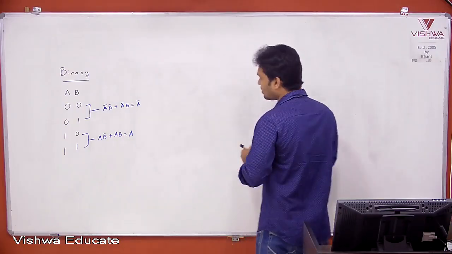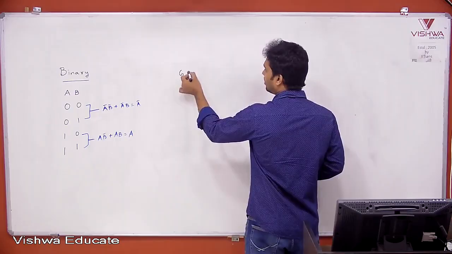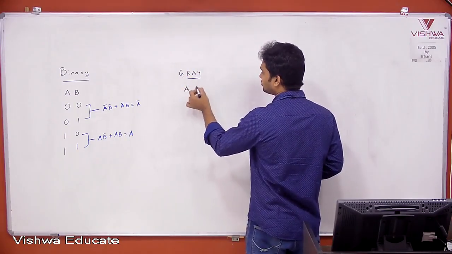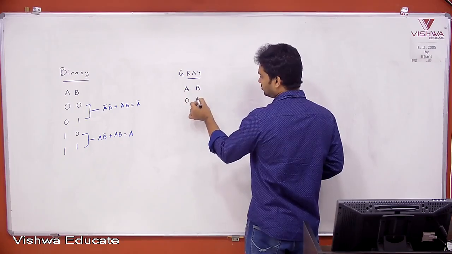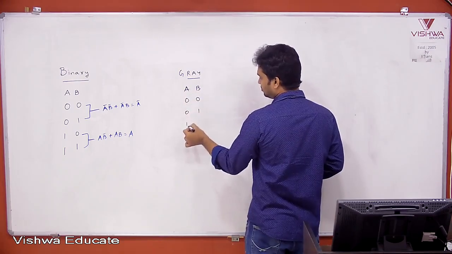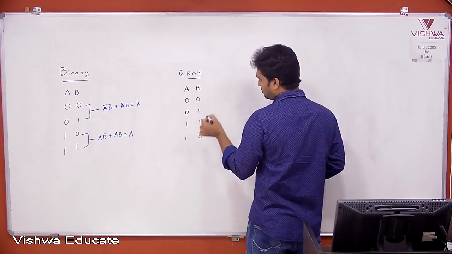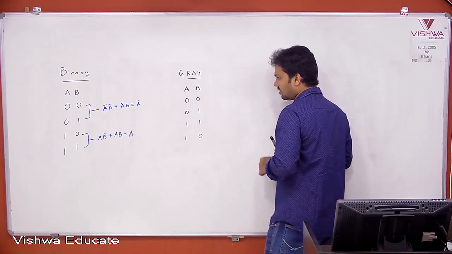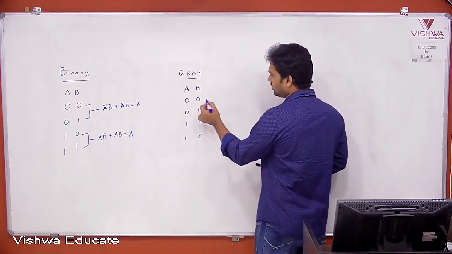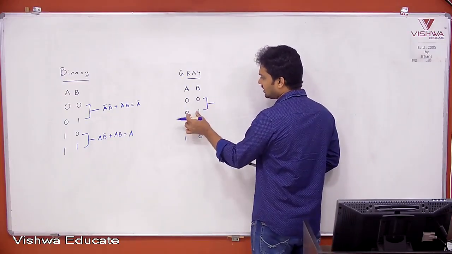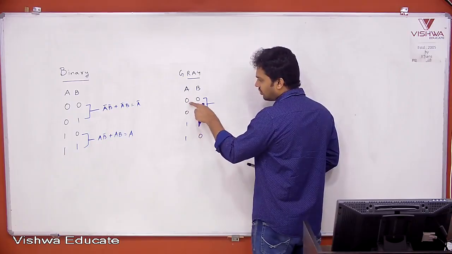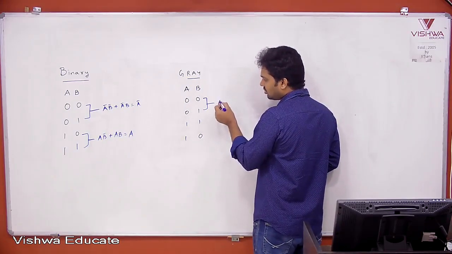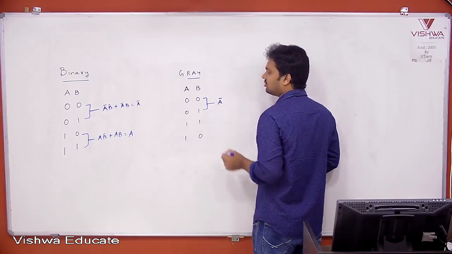Now I change a small thing. I am going by another way, called gray code. Here, one important observation, let us see. Between the first and the next, we can take 0 common, A bar.